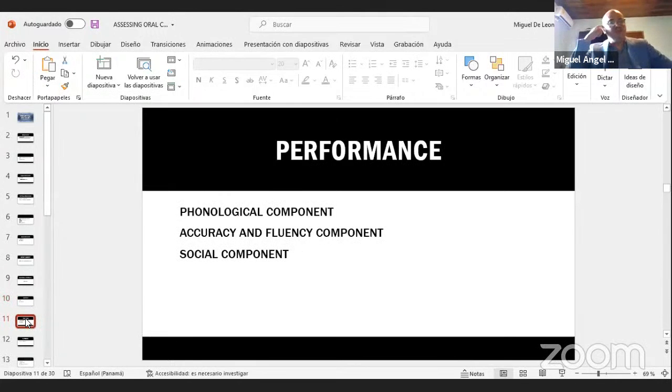Then we go to performance. And here we have a situation in the phonological component, especially in the BA: the professors in charge of designing our program only included 2 courses for this phonological component, which is phonetics in this case, first and second year.